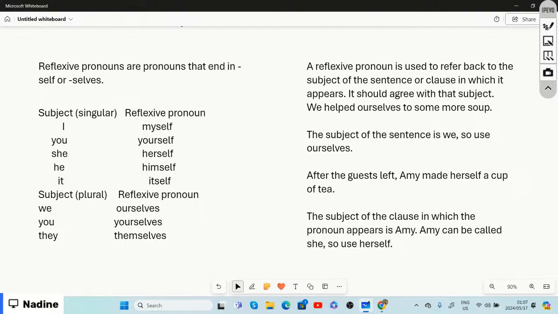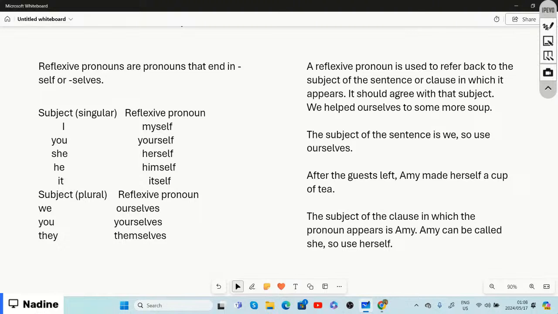If the subject is singular, we are referring to one person or thing that is doing the action. For example, I, our singular subject, and our reflexive pronoun would be myself, because I'm referring to me.